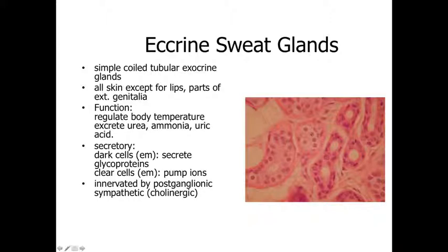Again, they're characterized by a nice duct system, secretory cells associated with it, but a relatively small lumen in relationship to the thickness of the wall structure. So eccrine sweat glands are a simple, normally cuboidal epithelial duct system within the body, with a relatively small lumen in relationship to the thickness of the wall structure.